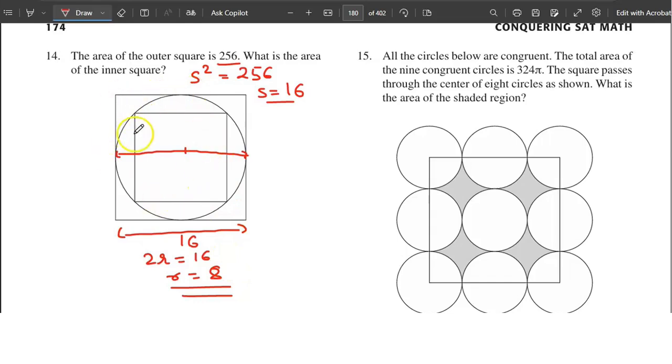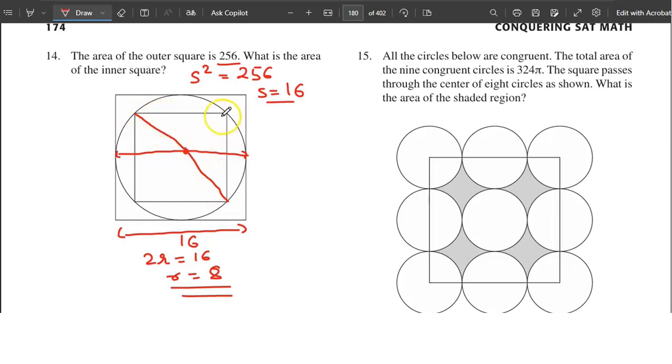Now the smallest square is basically inscribed in the circle. So here we'll use a property that if a square is inscribed in a circle, then the diagonal of the square will definitely pass through the center of the circle, or basically the diagonal of the square will be the diameter for our circle.